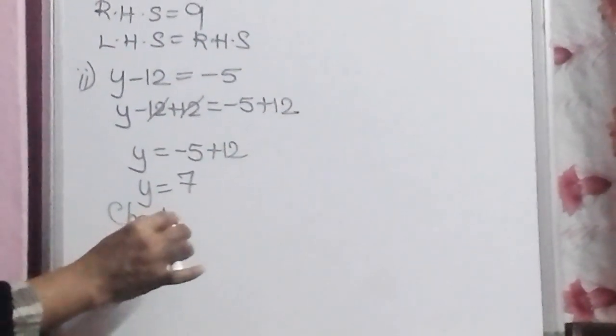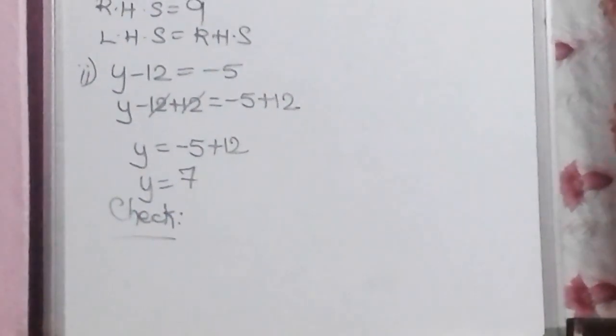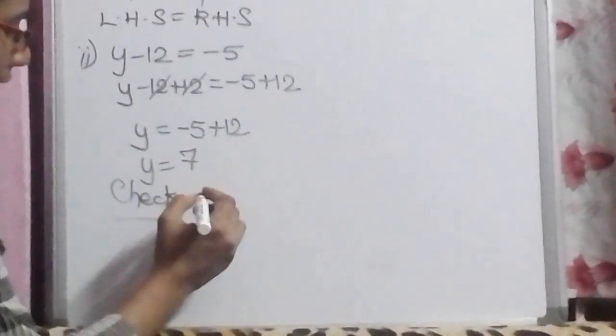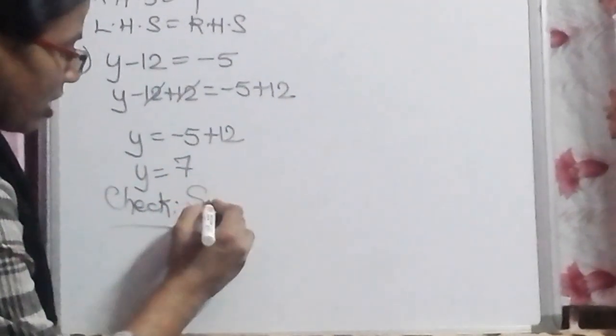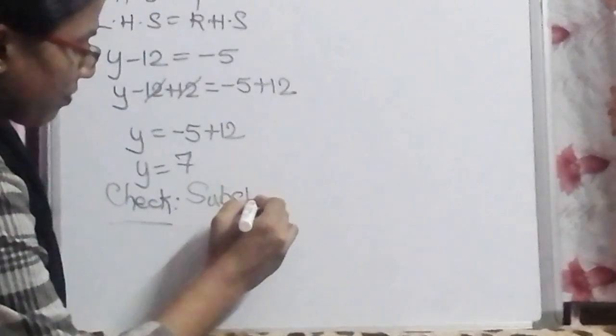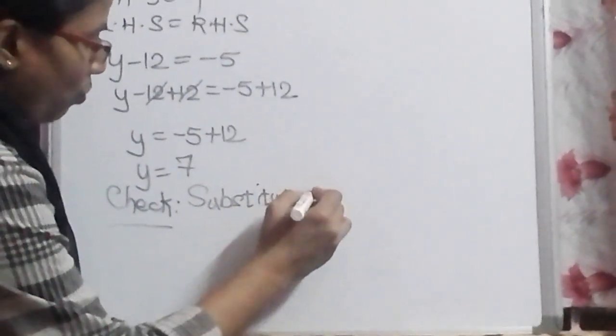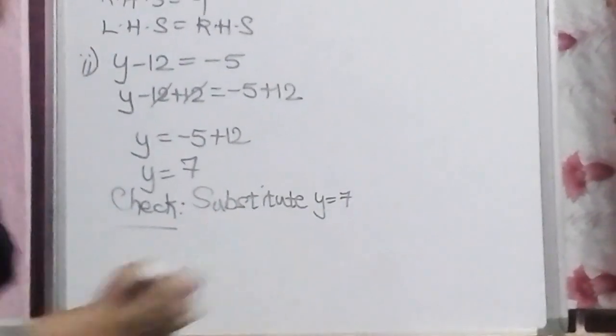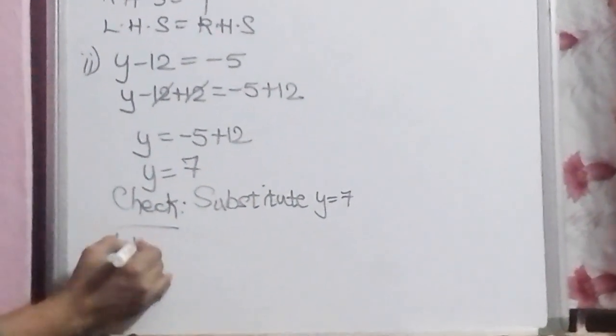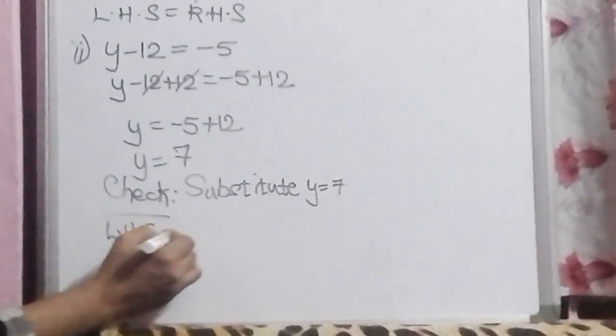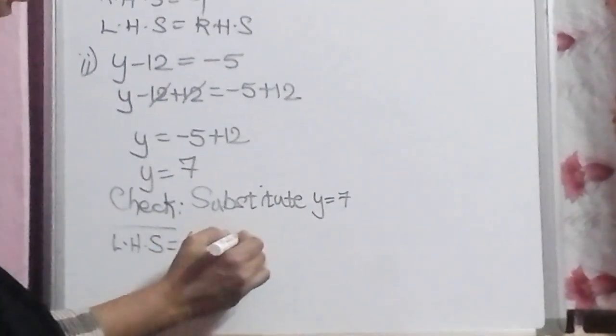Now let us check. LHS. We are going to substitute y is equal to 7. LHS is equal to y minus 12.